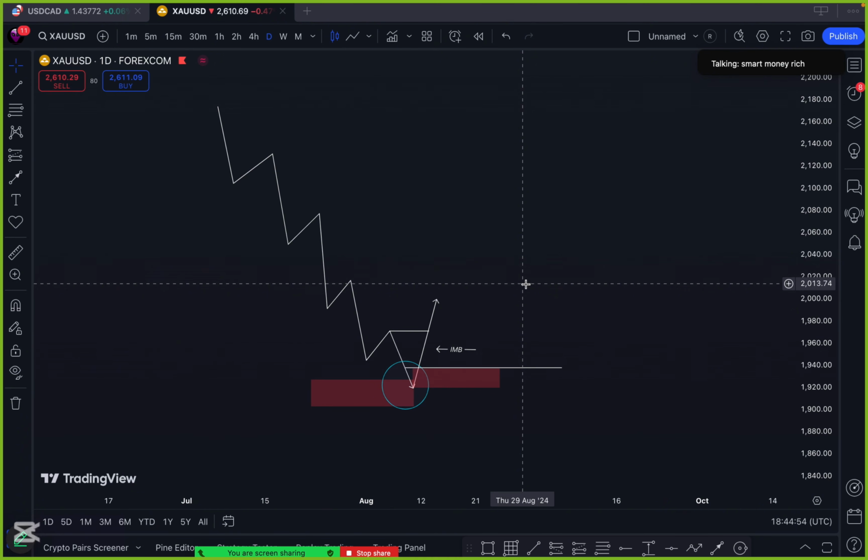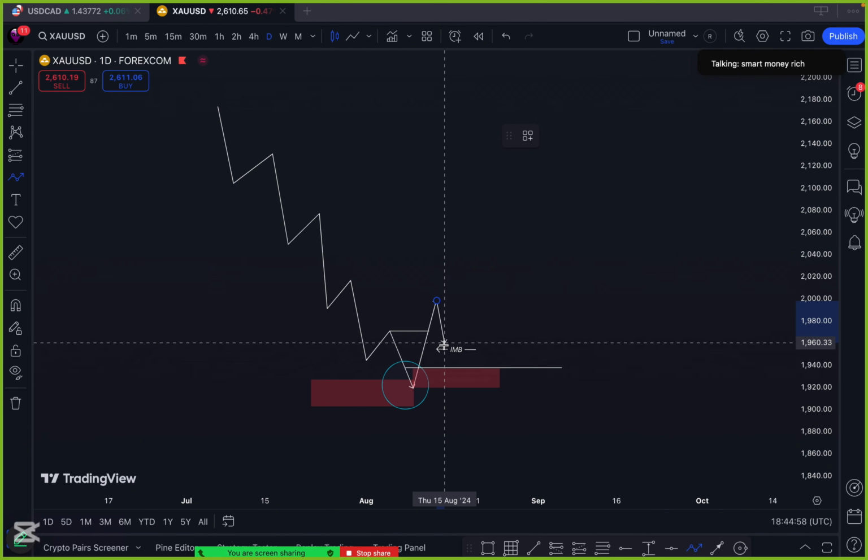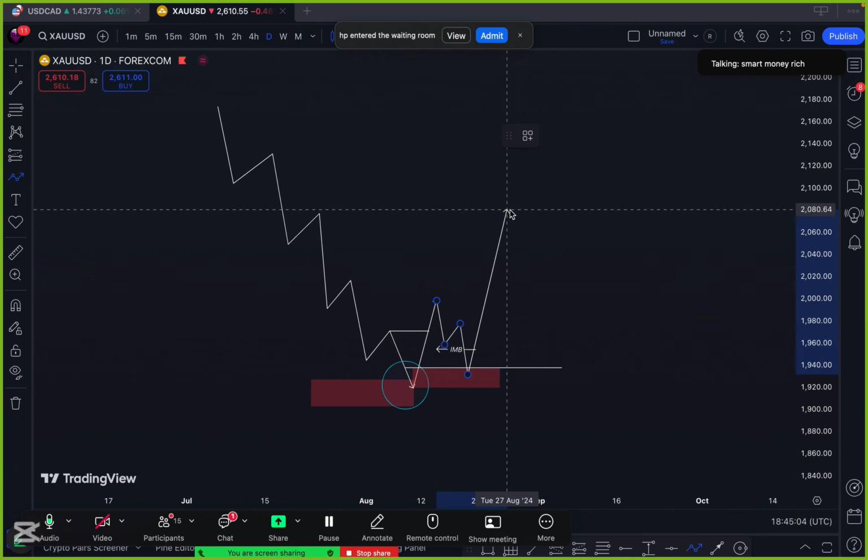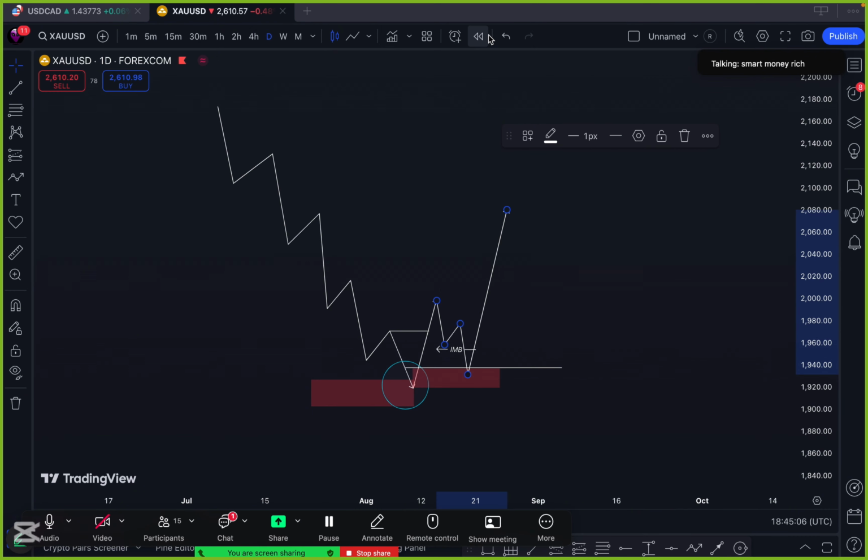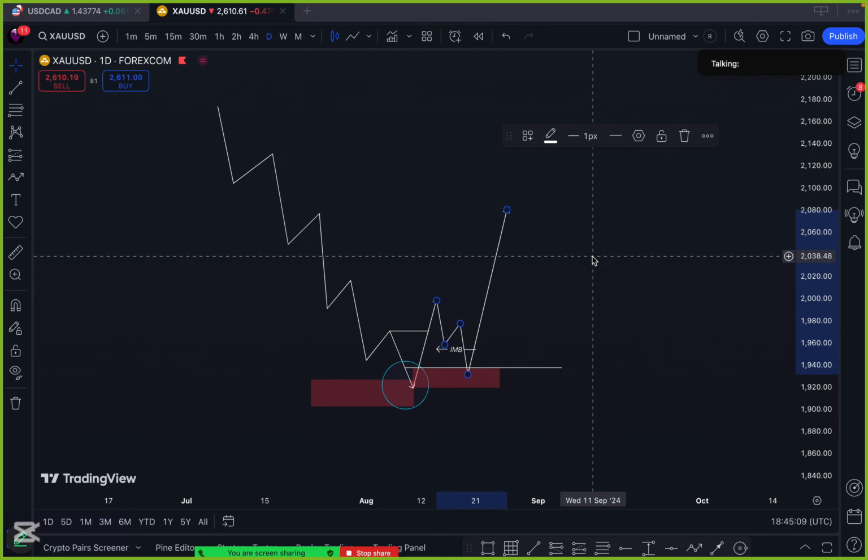You understand? So now the market will always reverse to fill up this open imbalance to mitigate the new demand zone for the continuation of that uptrend. Hope you guys are following what I'm saying.